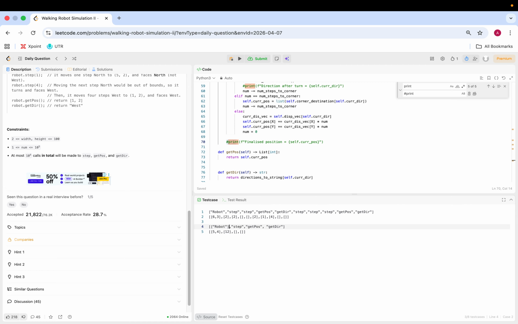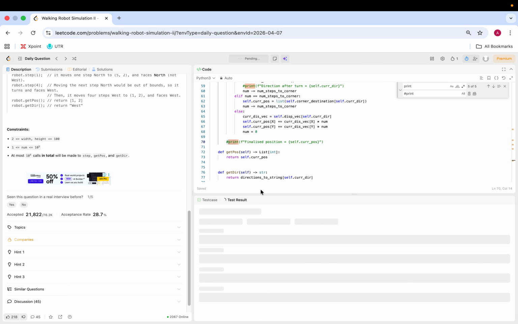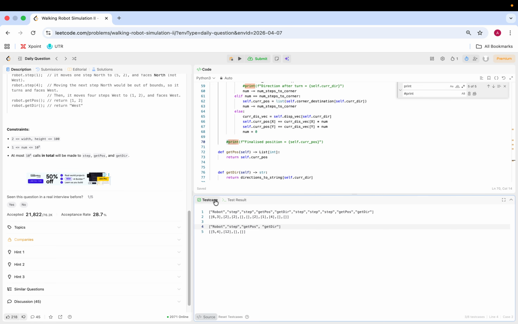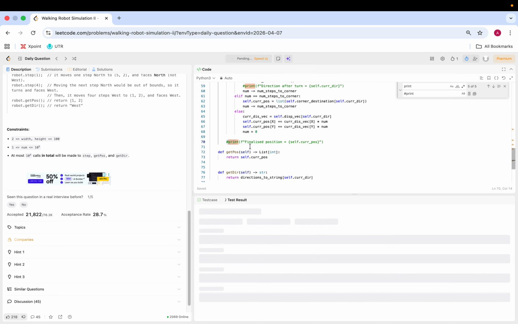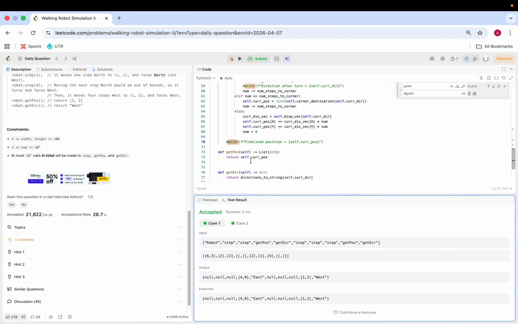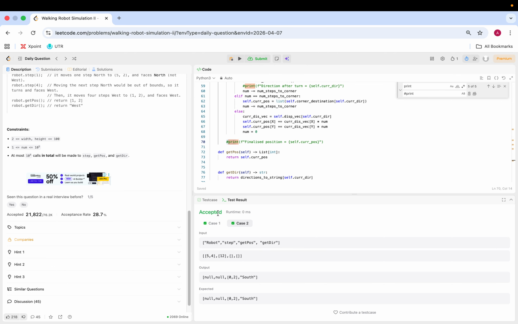Oh wait, this shouldn't be in brackets. What am I doing? Oh, it's because I put a white space in there. Cool, so it's able to go south.